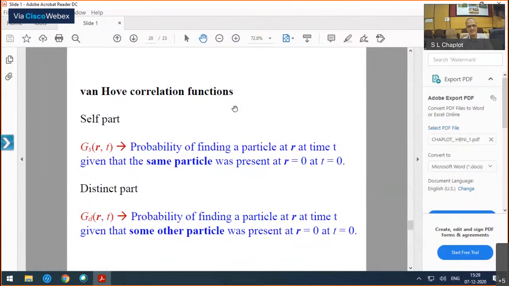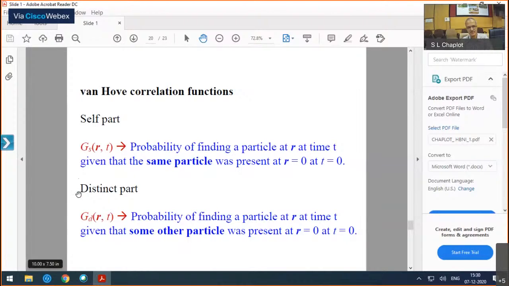So in the four-dimensional reciprocal space, S of Q omega is a Fourier transform of the position-time correlation function. Way back in 1954, Van Hove worked out the theory of neutron scattering and introduced what are now known as Van Hove correlation functions.